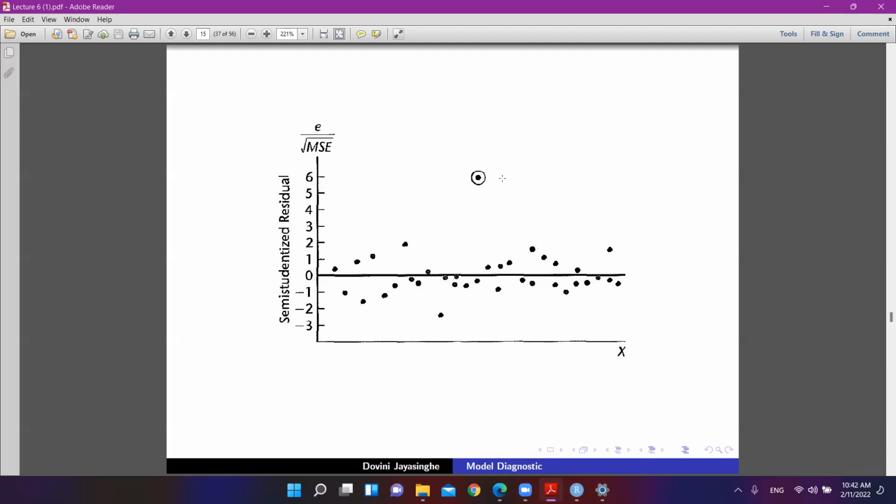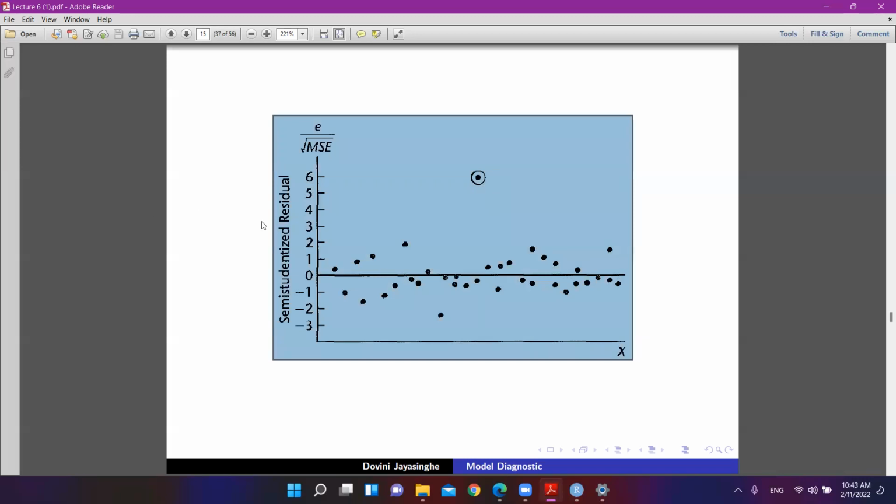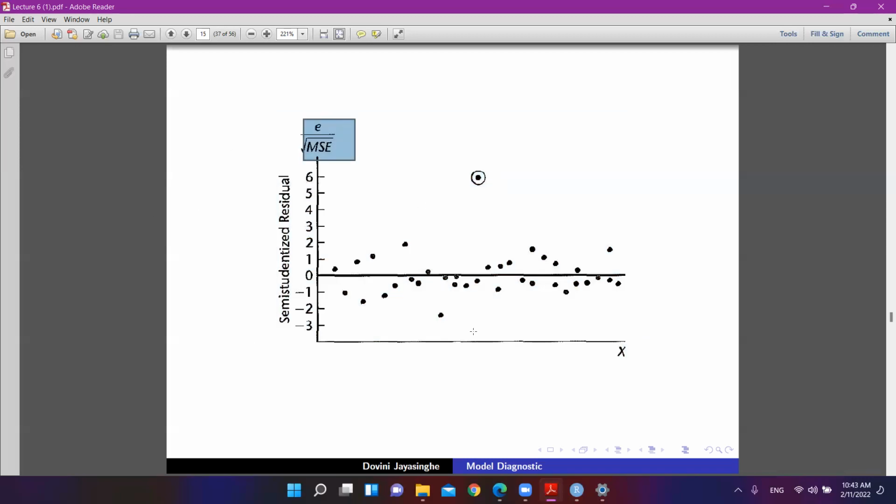What I said was, if you plot residuals versus X, sometimes you might not be able to identify this that clearly. What if this gets a little closer to the others? Then you cannot identify it as an outlier. By changing the scale, it is very clear to identify the outliers if there are any. Somebody might say this is also an outlier, somebody might not.